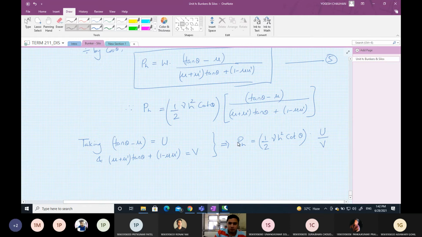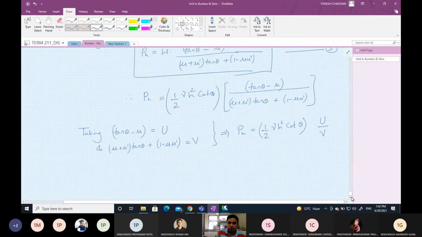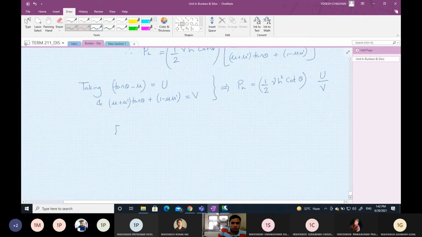Now for maximum value of this pH, we have to differentiate this. For maximum pH, dpH by d theta should be equal to 0.